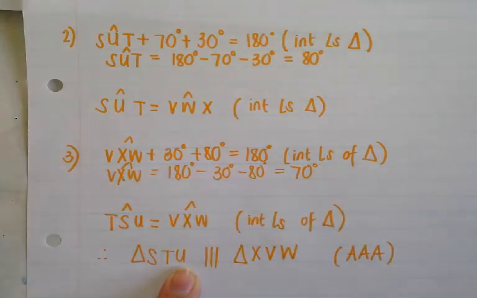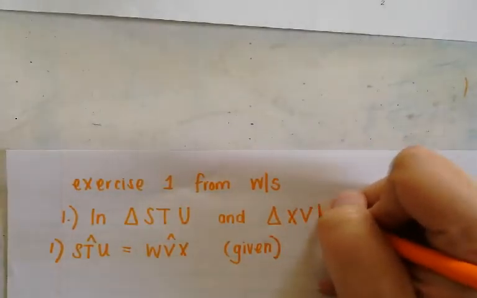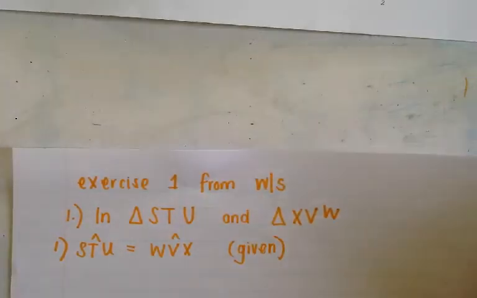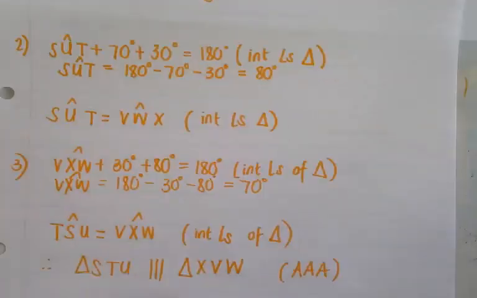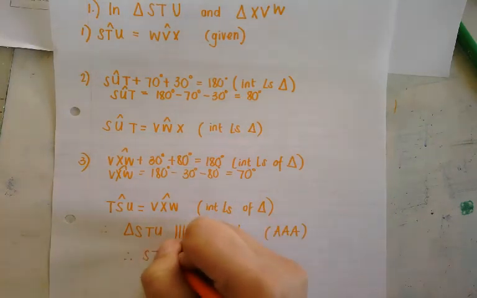W. So my triangle names are STU and XVW. So I went back and gave the name in the correct order. Okay? And that is the kind of question that you can expect in a test. And the last thing I want you to do is just to write your sides. Therefore, what corresponds to ST?